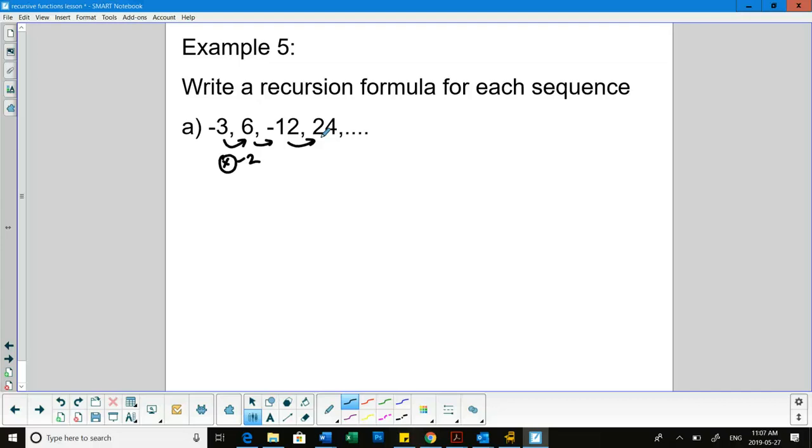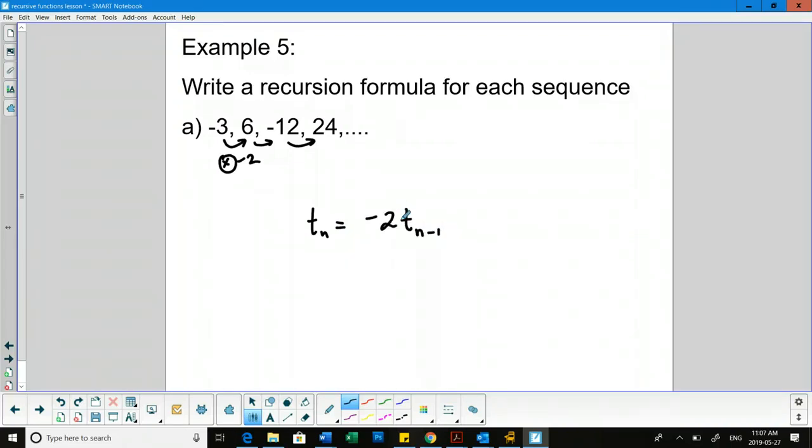So in order to find the next term of the sequence, what do I do to the previous term? I multiply it by -2, that's right. So can somebody create my equation for me then? What would a recursive function look like here? So to get Tn, close, not times 2.